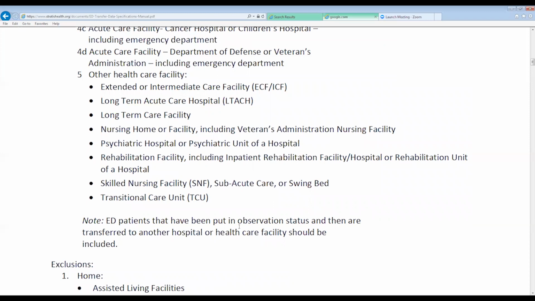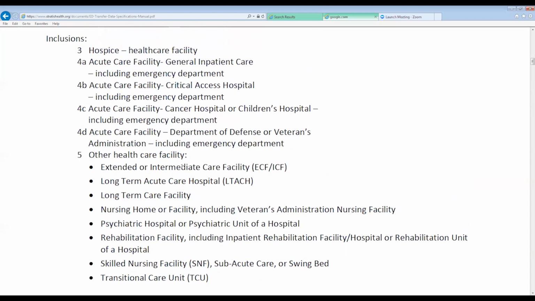If they're seen in the ED and are in observation and then they get admitted to your facility, they would not be included. But anybody who's in observation and then gets transferred to one of these facilities should be included. Oh, and while I'm thinking about it, this does not include critical access hospitals.